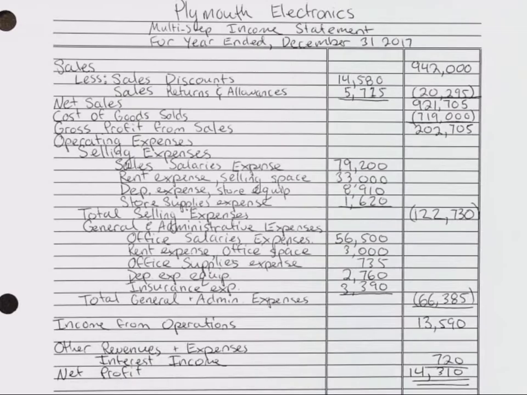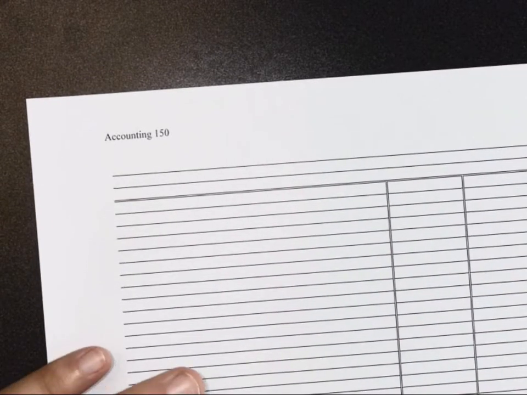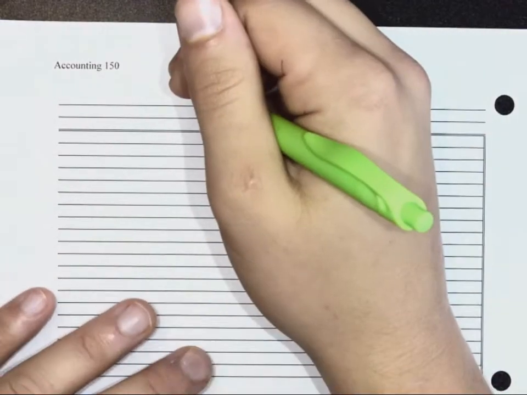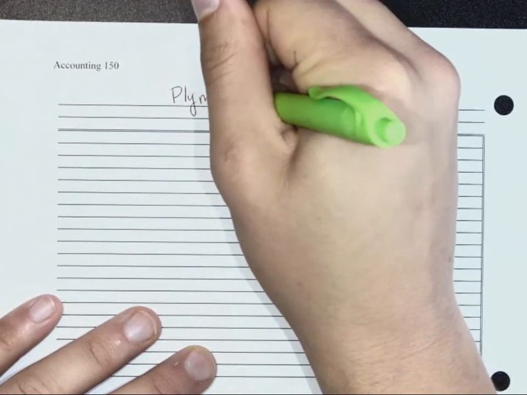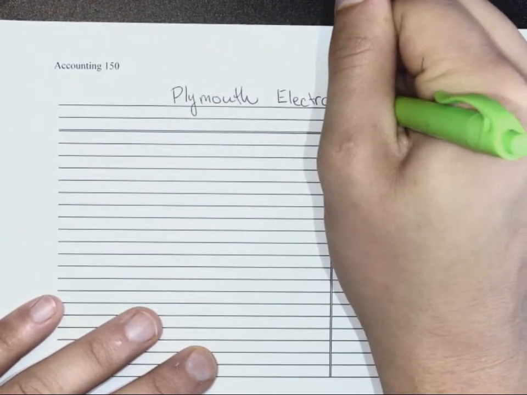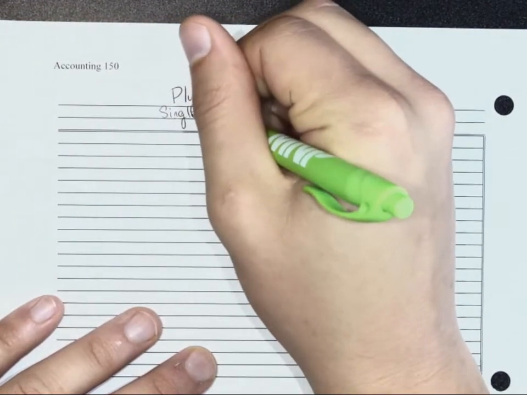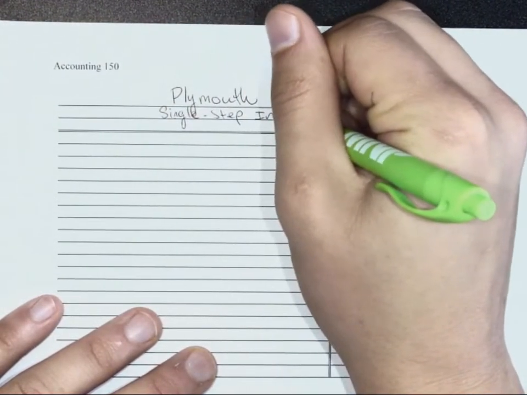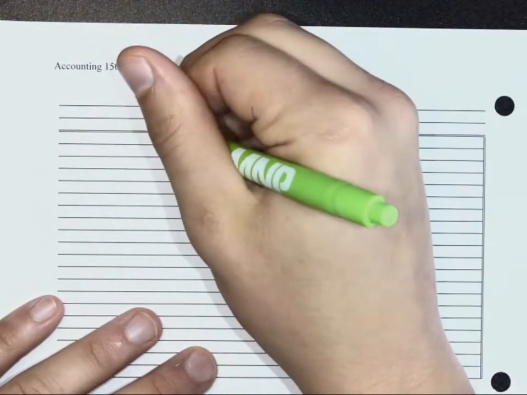Now we can do our single step income statement. So the next page here. Just getting yourselves a quick mark by putting in the title.